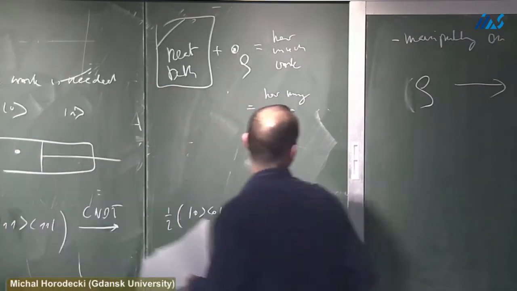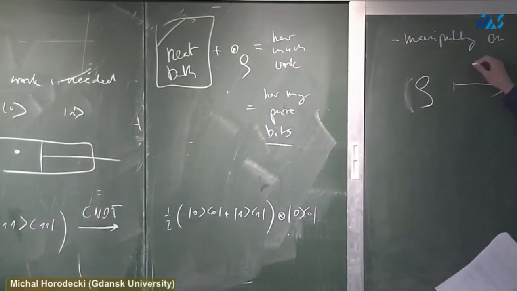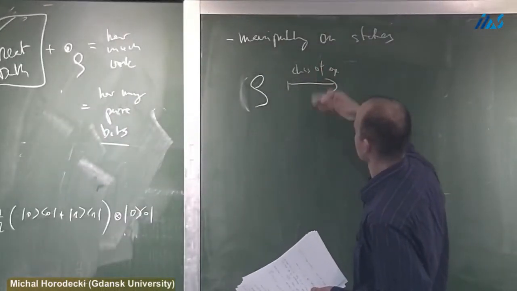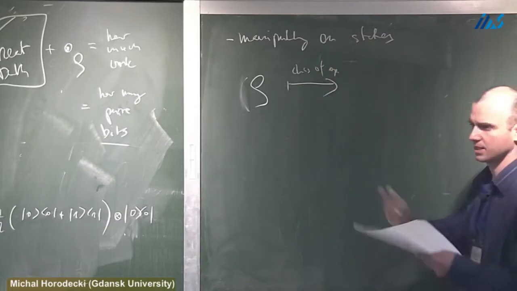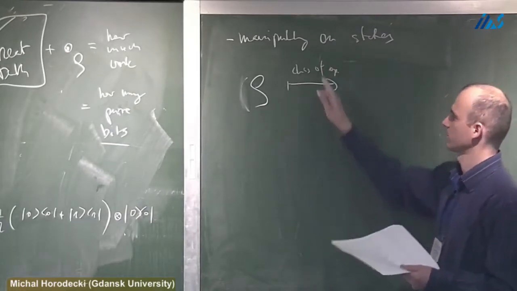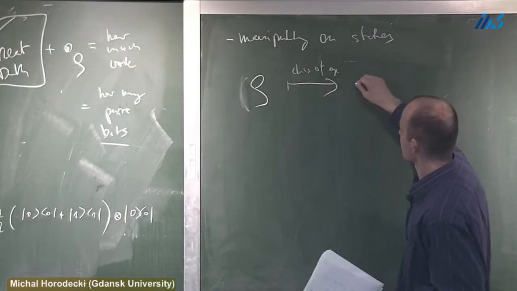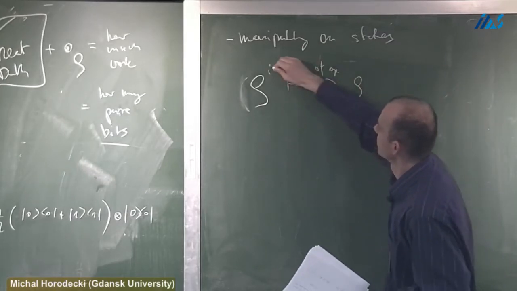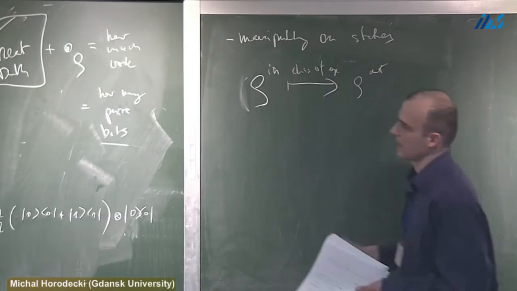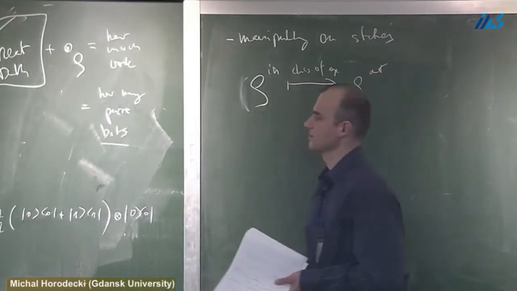Therefore, you consider some class of operations, which will include unitary transformations and otherwise just removing systems. Later I will say more on that. You start with raw in, you get raw out. And then you are finally interested in how many pure states you have.